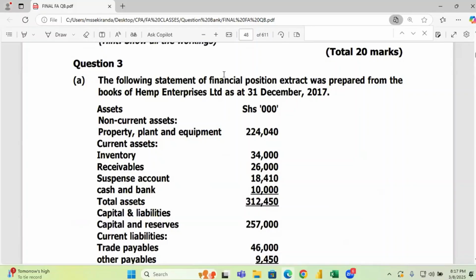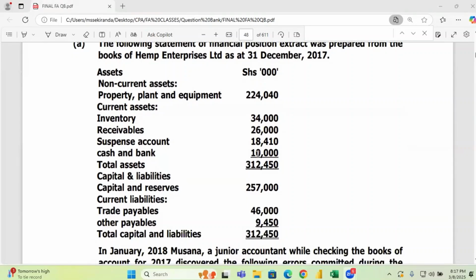Should we start? Yes, please, we can start. So the following statement of financial position was extracted and prepared by Hemp Enterprises Limited as at 31st December 2017. They are giving us different items of the balance sheet, and one of them is a suspense account.